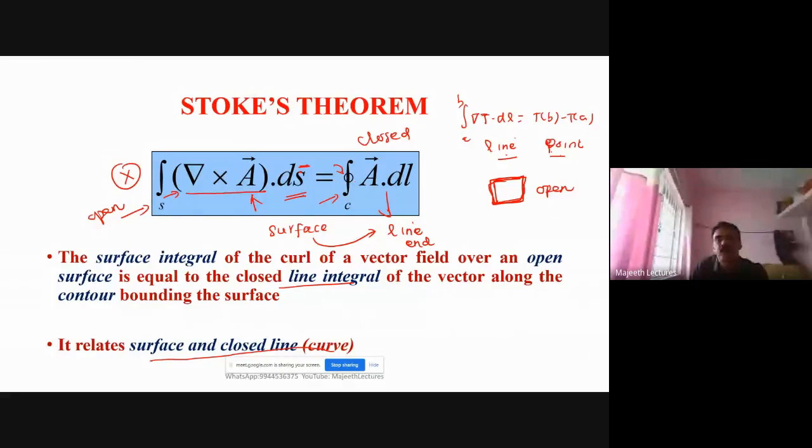This closed contour should bound this surface. The statement is not important. It is important for your university exam, but for now just understand this.